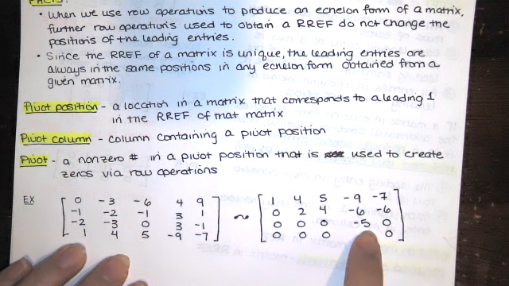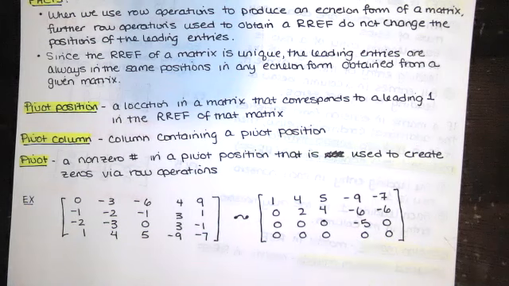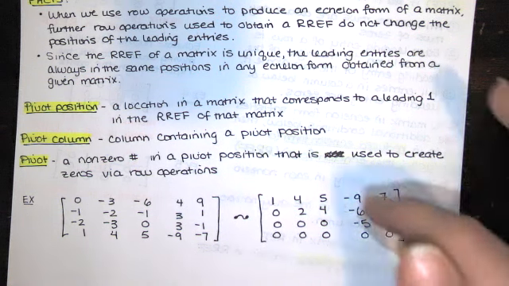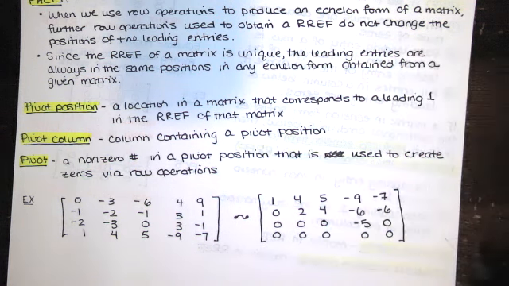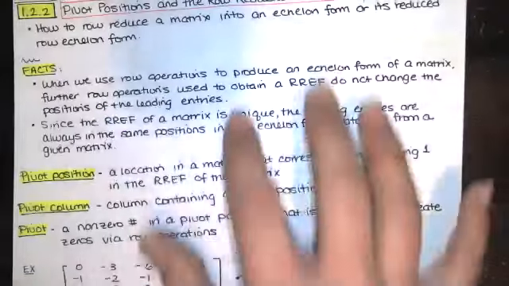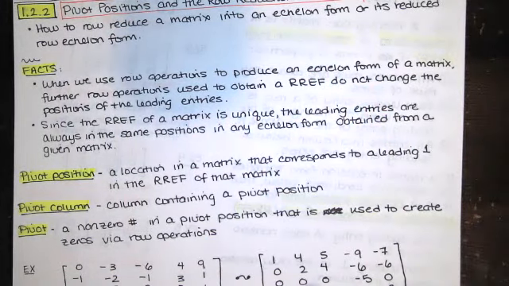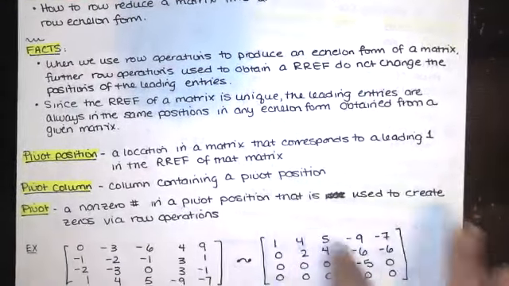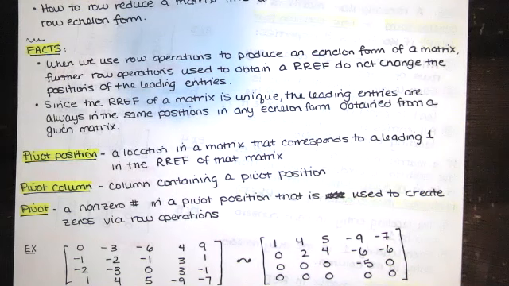And this one stays in the third row and fourth column, even as we continue to make all of these leading entries into 1s and the values above the 1s into zeros so that we're in reduced row echelon form. So that's a fact.